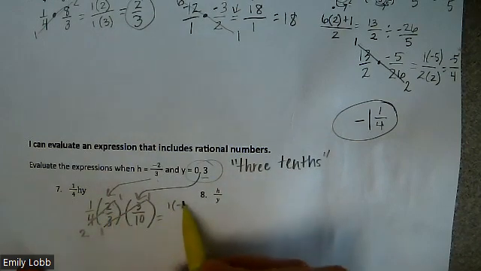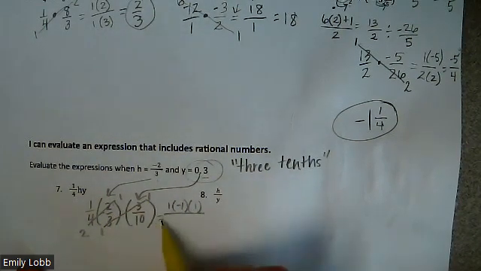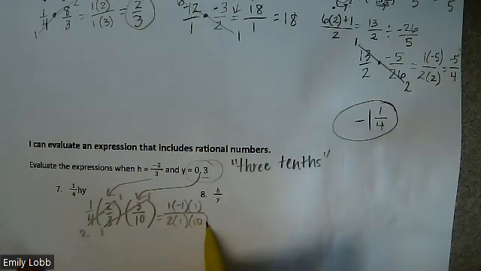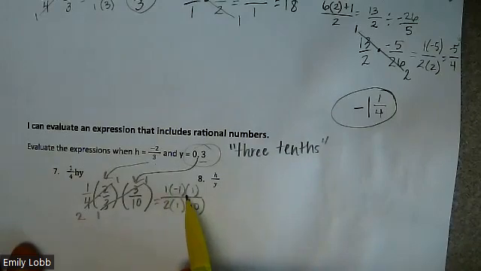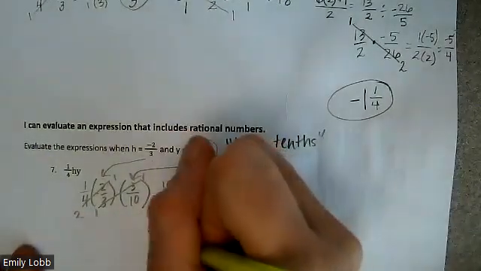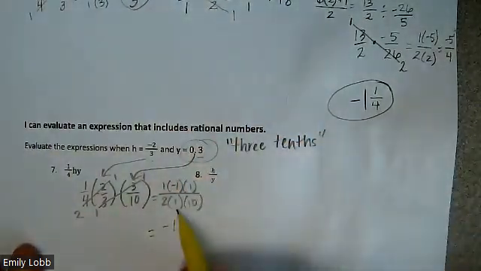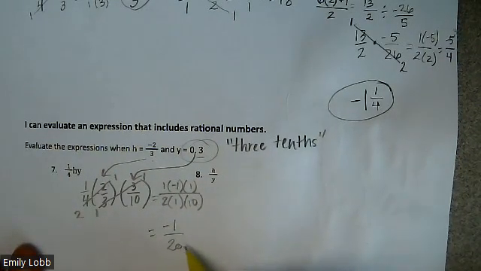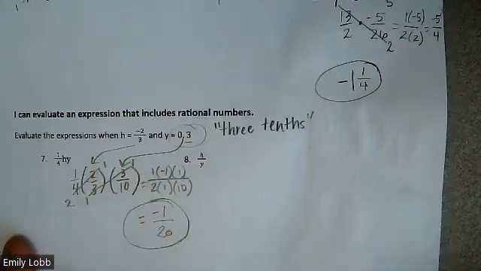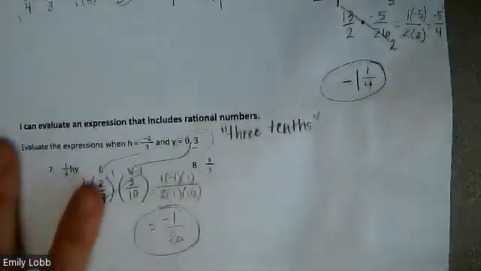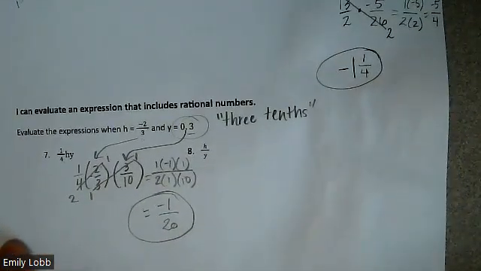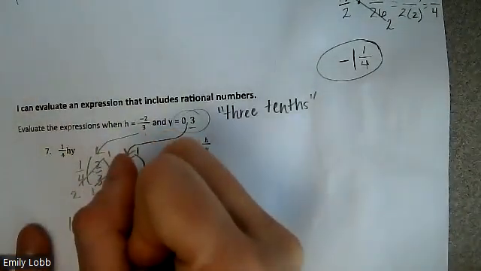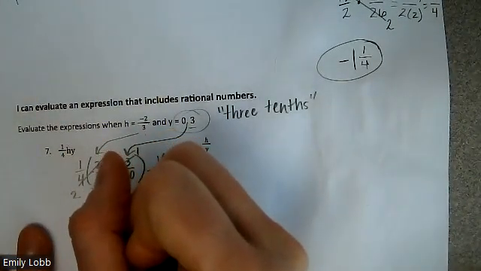Because this one was negative, times 1 on top, and 2 times 1 times 10 on the bottom. So 1 times 1 times 1 is just simply negative 1. 2 times 1 is 2. 2 times 10 is 20. That's what I would do there.